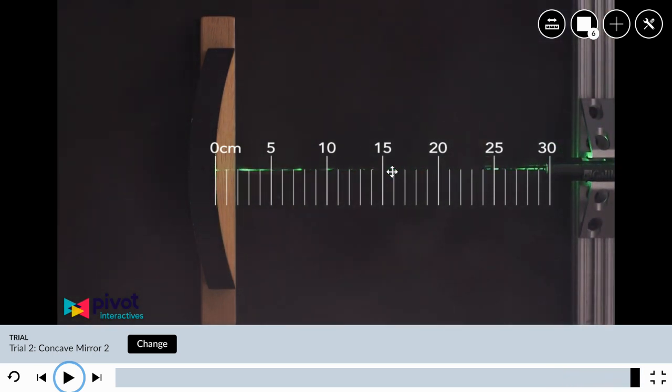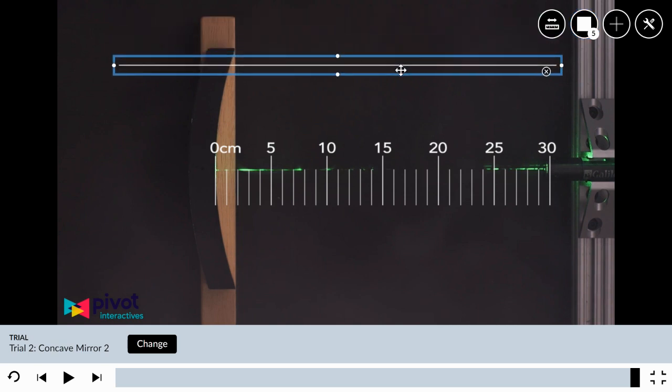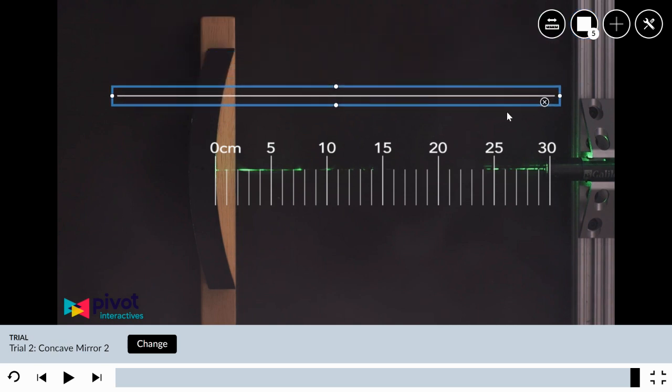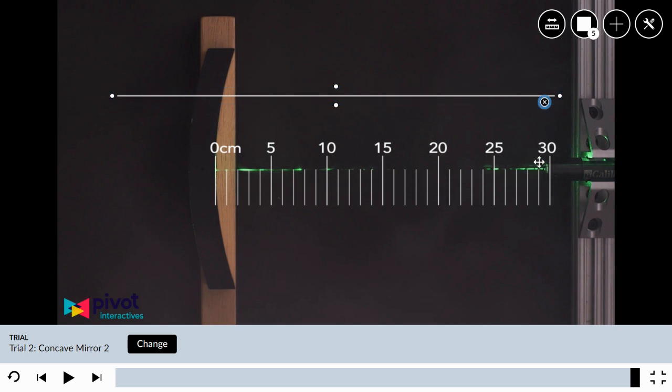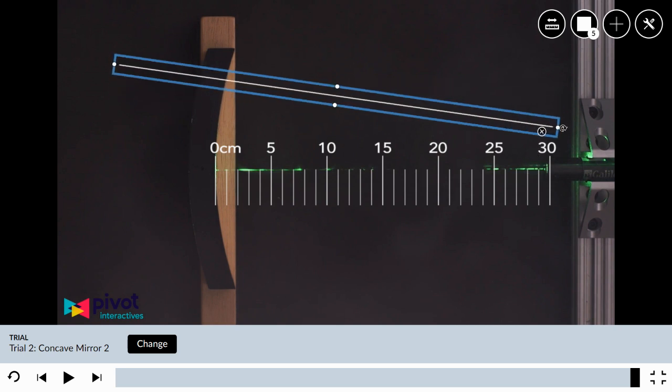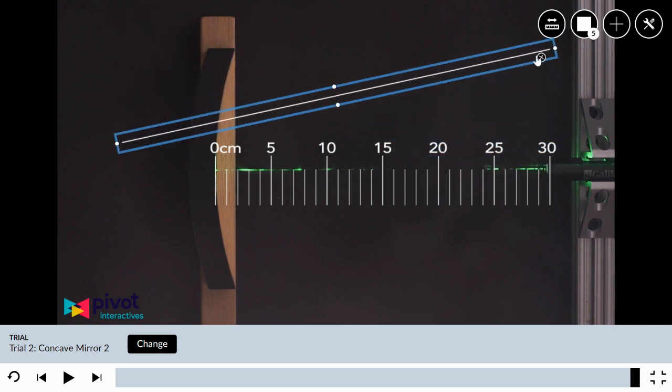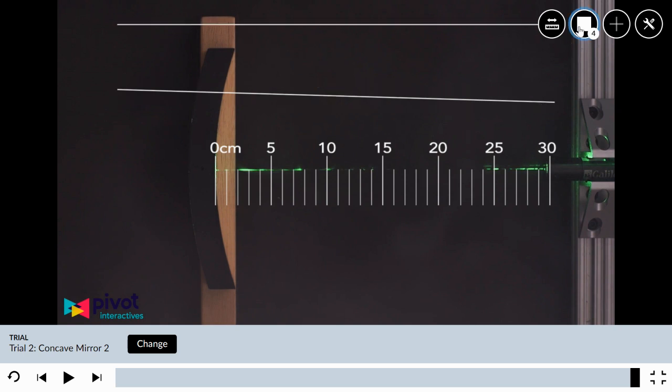Parallel rays are forced through it-ish, right? Not perfectly. That's going to be the easy piece of data to collect. The more challenging piece of data is to try to get an idea of the radius of curvature for the mirror. The white box tool will give you some lines, and you can use those lines, and they can be rotated. I want you to work on your science sleuthing here a little bit.